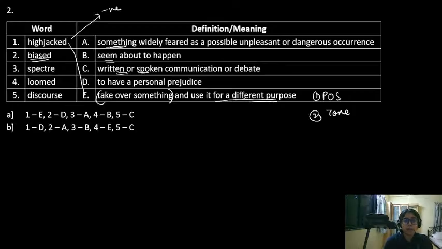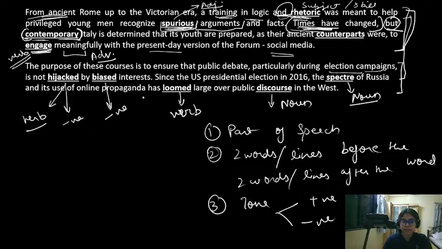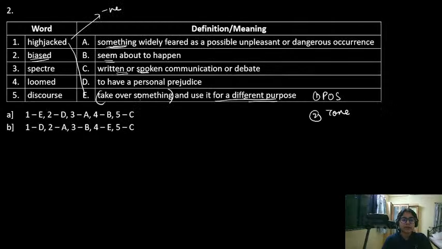Then we saw biased interest. Now they did not want bias in election campaigns. So it has to do something with that. Why would they not want bias in election campaigns? Right? B and C are very neutral terms. So it could be something from A and D. A says something widely feared as a possible unpleasant or dangerous occurrence. So a dangerous event, or to have a personal prejudice, interest.